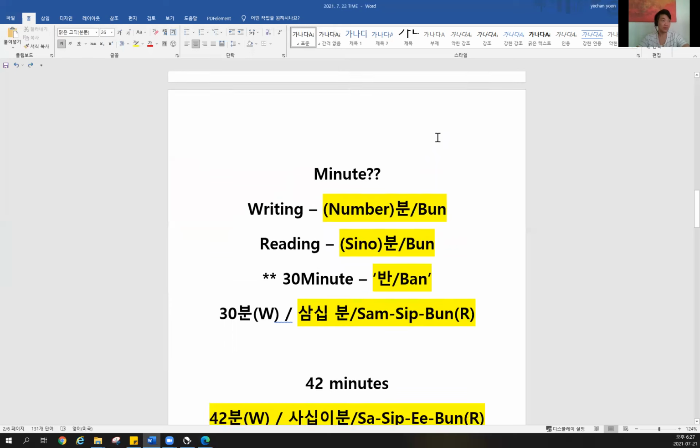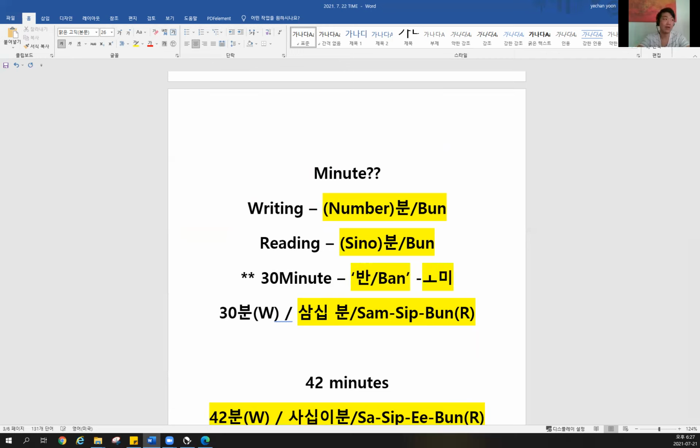Okay, let's say 30 minutes. 30 minutes can be written down as 30분, but we also use the word 반. It means half. So we also use 30분 for the reading, but at the same time, you can also use 반.